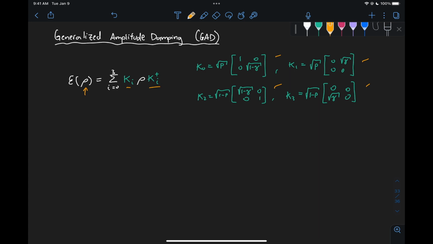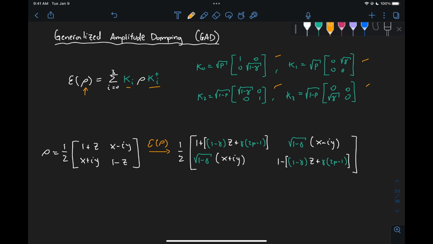So let's take a look and see what happens when we apply it to an arbitrary density matrix rho. If we have the density matrix rho in the block form given here, and we apply this map, what we end up having is that the off-diagonal terms are now multiplied by this square root of 1 minus gamma.